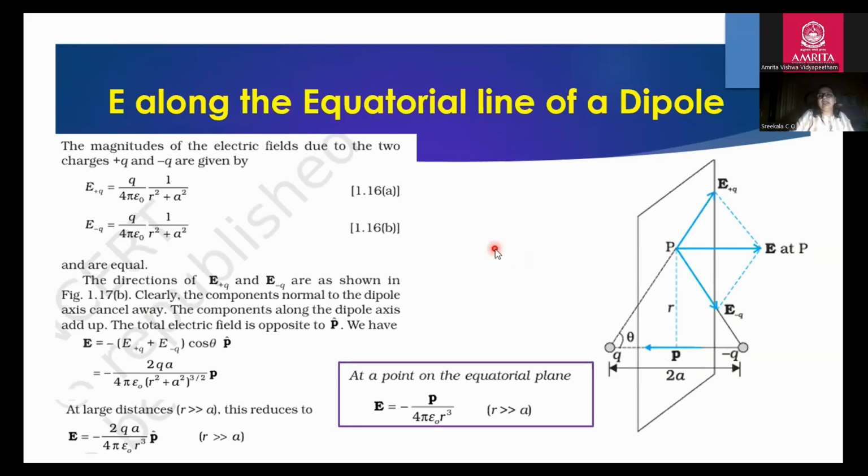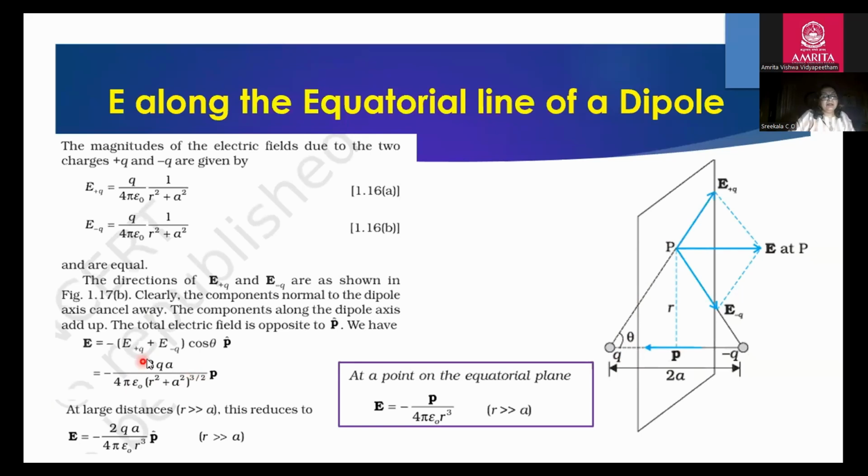Then take the root, you will get cos theta. Cos theta will be equal to adjacent side divided by hypotenuse. The adjacent side will be A, and the hypotenuse will be root of R square plus A square. So adding that, you will get R square plus A square raised to 3 by 2.